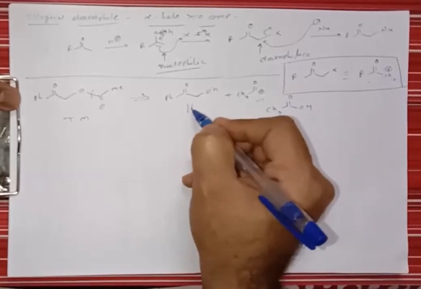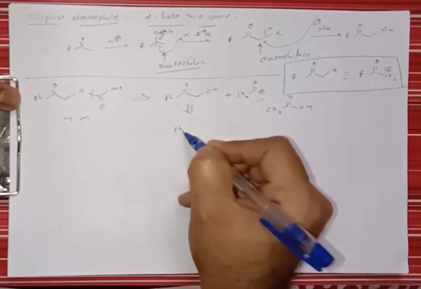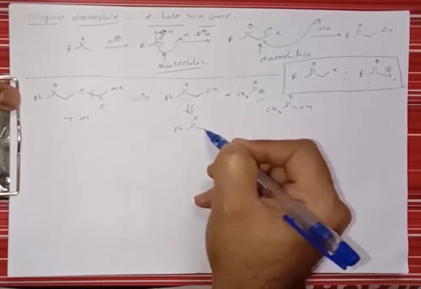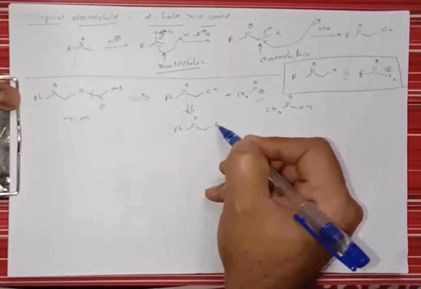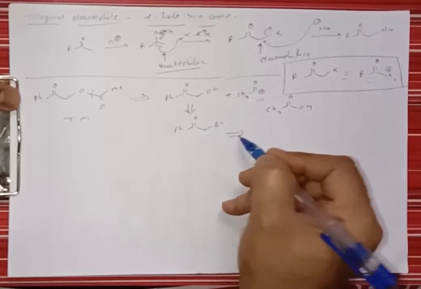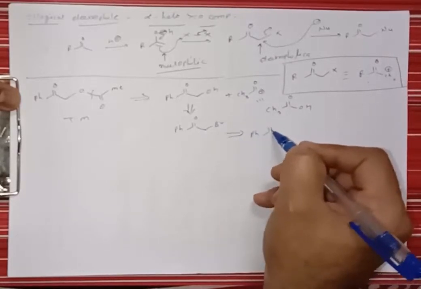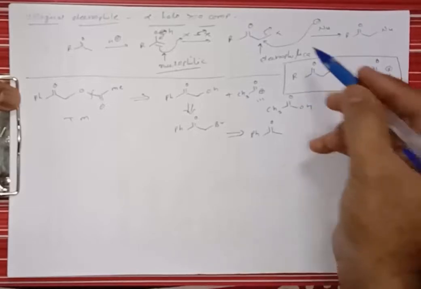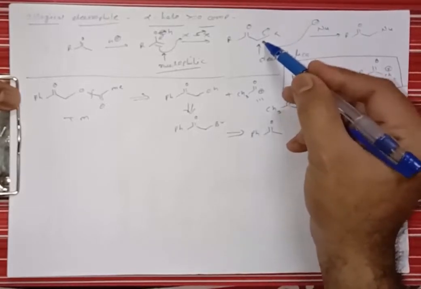Then this molecule can be easily prepared from PhC=O, CH2Br, and it can be prepared from PhC=O, CH3. That means by using this method, right?